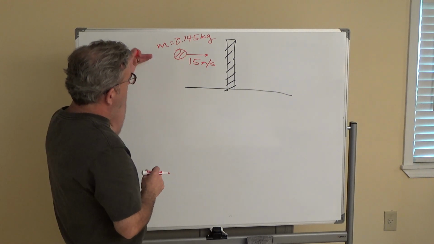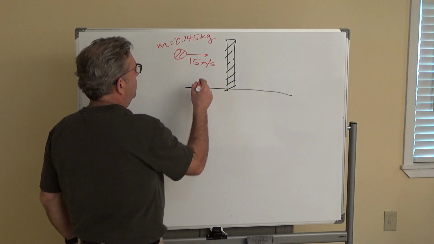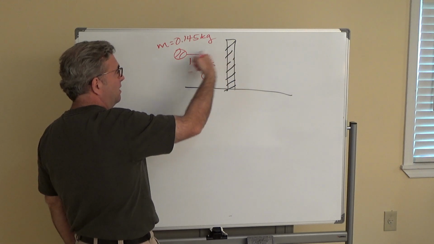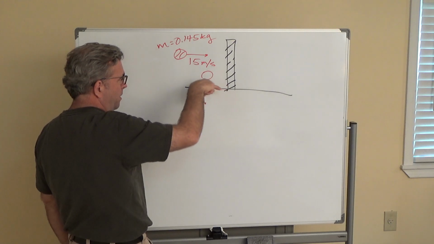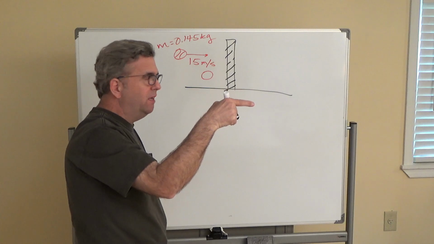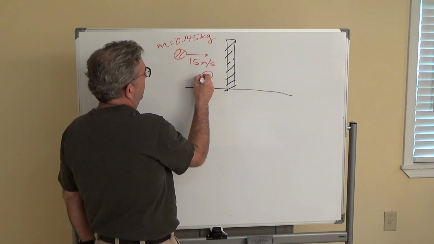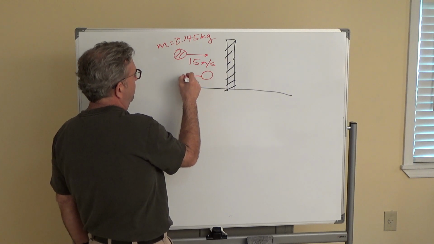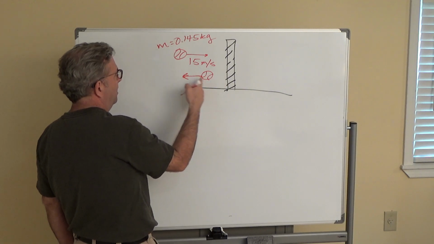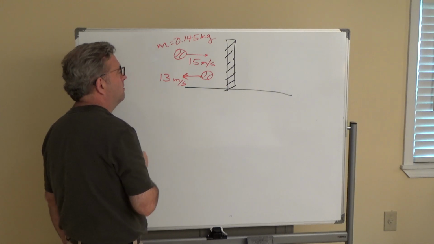So the baseball comes in, it hits the wall, it bounces off, and now this is a 1D collision, all right? I'm ignoring the parabolic motion due to gravity, so it's a very short motion, comes in at 15 meters per second, bounces right off the wall. Let's say it loses a little bit of kinetic energy, the mass doesn't change, and it bounces off the wall at 13 meters per second.